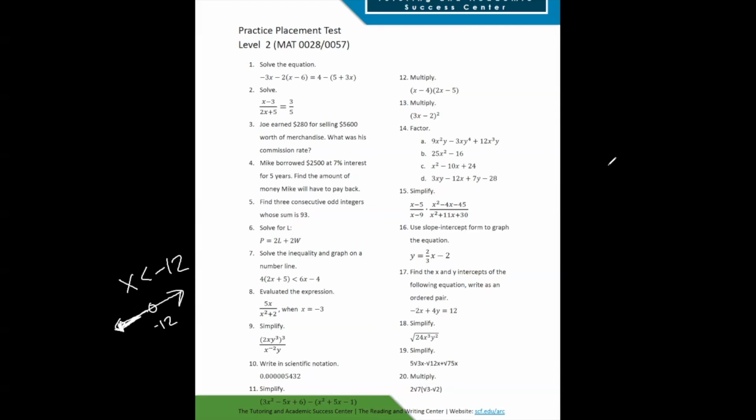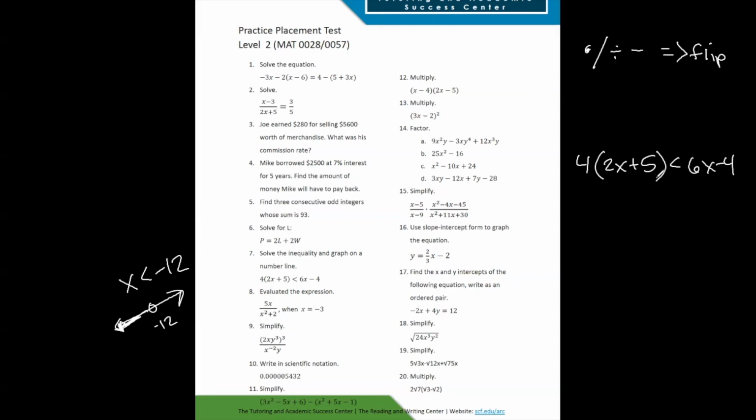So in order to solve this, we're going to do 4 times 2x plus 5 is less than 6x minus 4. Solving inequalities are basically the same as solving equations. The difference is, number 1, you're going to get a lot more solutions for an inequality. And number 2, when you multiply or divide by a negative, you need to flip your inequality symbol.